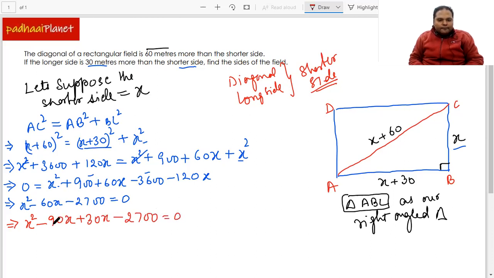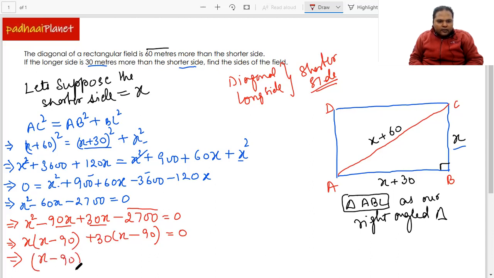The product of minus 90 and plus 30 is minus 2700, so this is the perfect situation. Now we take x common and write x minus 90, and then 30 common, x minus 90, equal to 0. Finally what we get is x minus 90 and x plus 30, equal to 0.